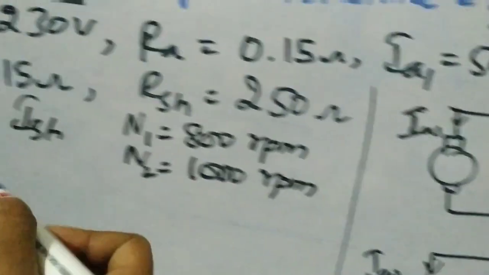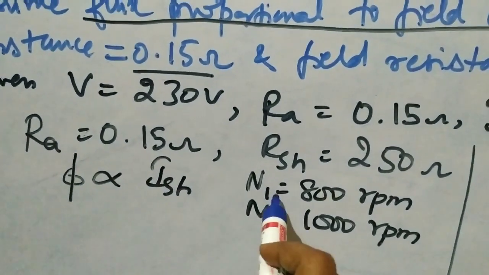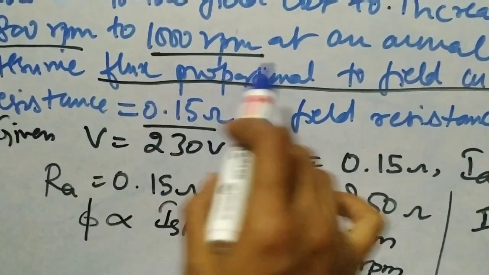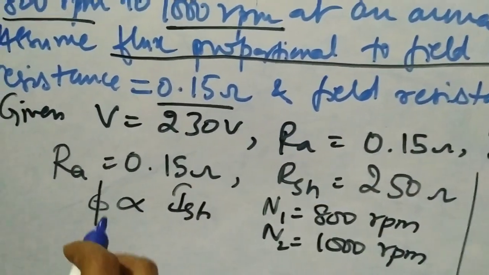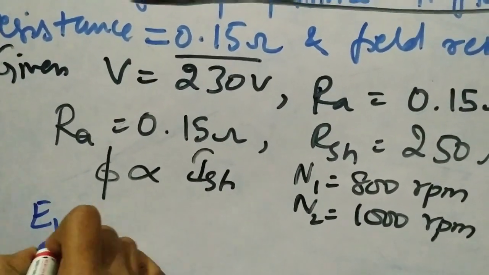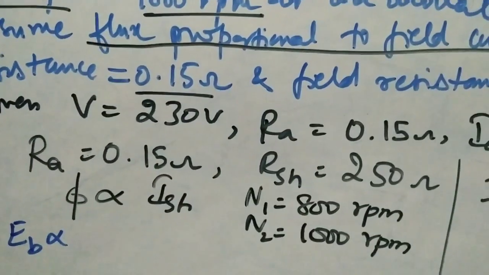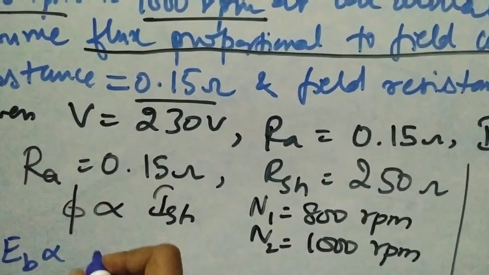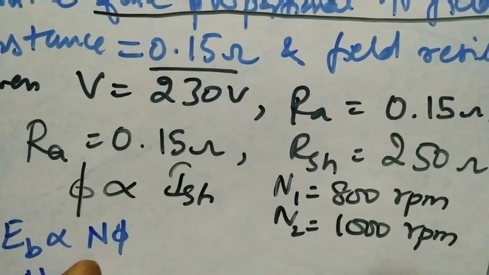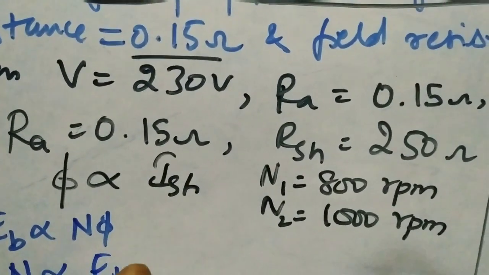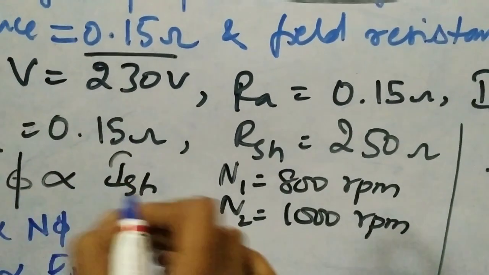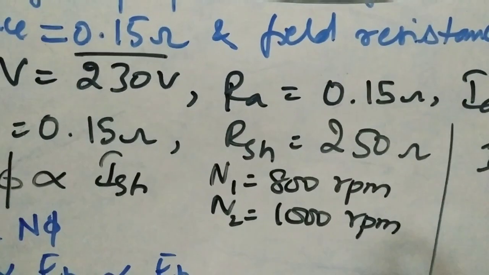N1 speed and N2 speed are given, and it is also given that we need to assume flux proportional to the field current. So flux is directly proportional to I shunt. As we know, EB is directly proportional to N into psi, or N is directly proportional to EB divided by psi. Flux is directly proportional to the shunt current ISH.